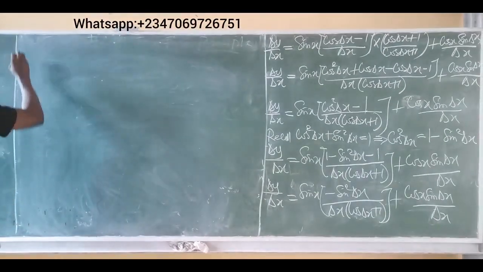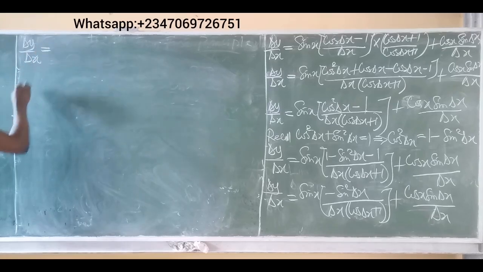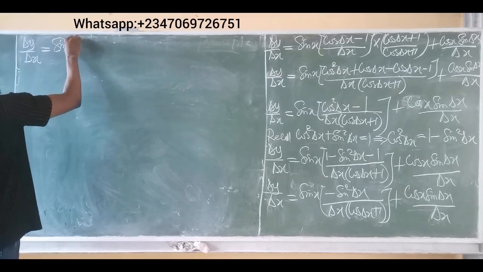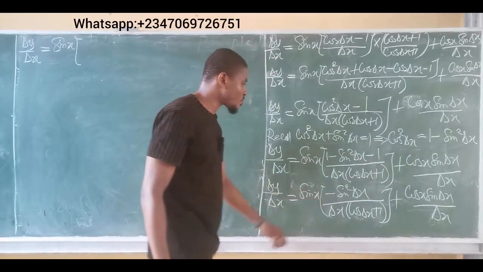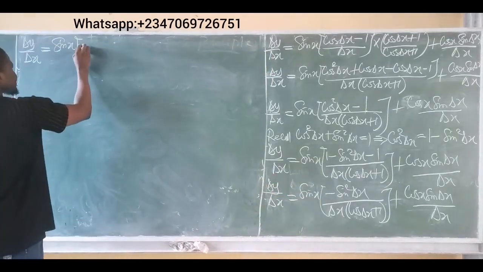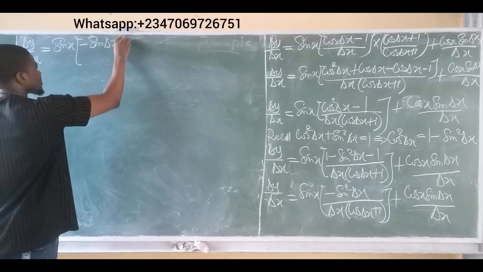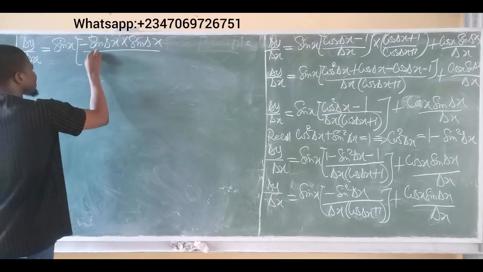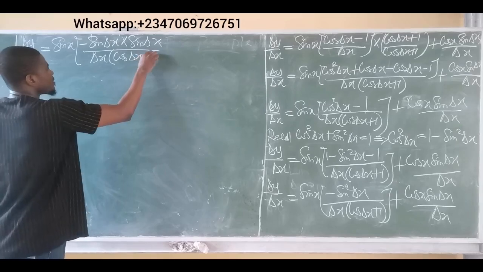All right, so we have change in y all over change in x to now be equal to, I have sine x into, so let's break this part of the equation a little bit. Sine squared change in x can be written simply as minus sine change in x multiplied by sine change in x all over change in x into cos change in x plus 1.